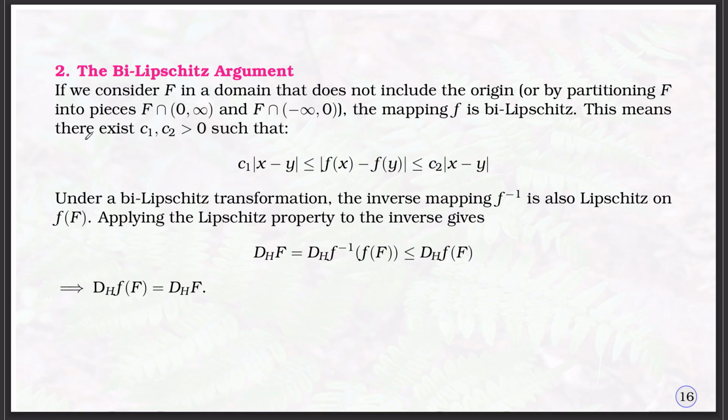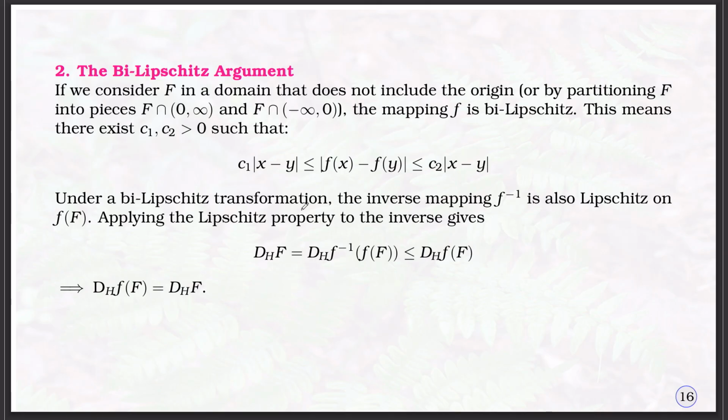This means there exist C1, C2 greater than 0 such that the distance between f of x and f of y is bounded by C1 times the distance between x and y, and C2 times the distance between x and y.